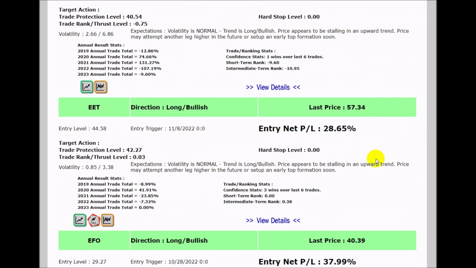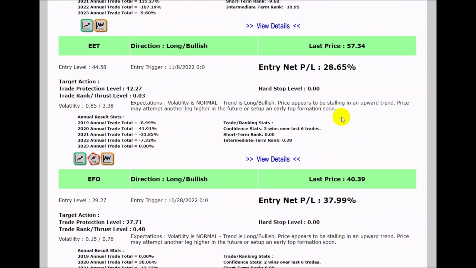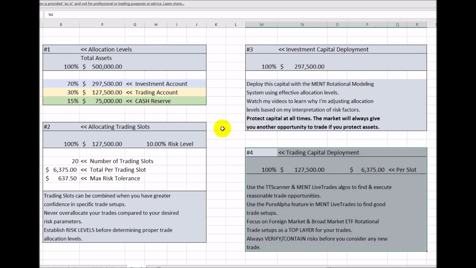Yeah, occasionally there's going to be some risk involved, a -10, a -12, a -15% trade. But remember, if you're coming over here and you're using this structure, -10% on a $6,000 trade is a $600 loss roughly.